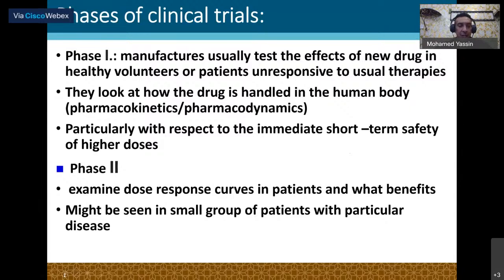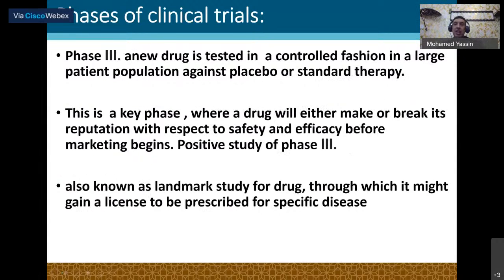What about phase 3? In phase 3, usually the new drug is tested in a controlled fashion in a large patient population against placebo or standard therapy. And usually phase 3, on a lot of occasions, will be multi-center. It will involve a larger number of patients than phase 2 or phase 1 clinical trials.